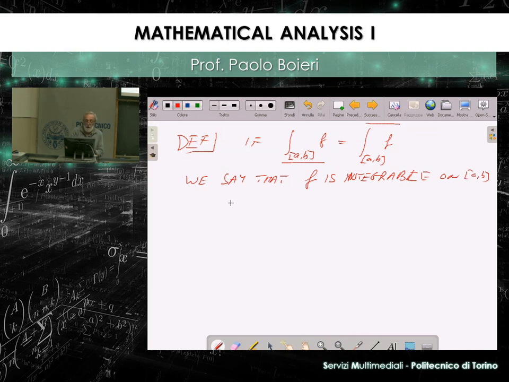And sometimes we call Riemann integrable, to remember that we are using the Riemann approach of the integral. And we define the integral AB of my function f as the common value of the lower and upper.